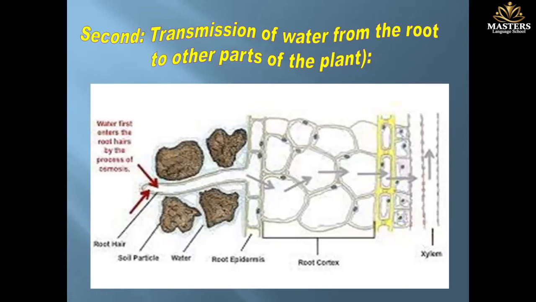Then they are transmitted into the endodermis layer, which regulates the passing of water to the xylem. Then the xylem, or the wood tissue, raises them to the stem and the other parts of the plant such as leaves and flowers.